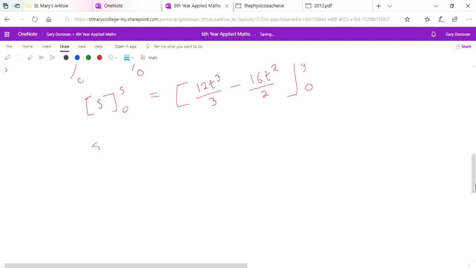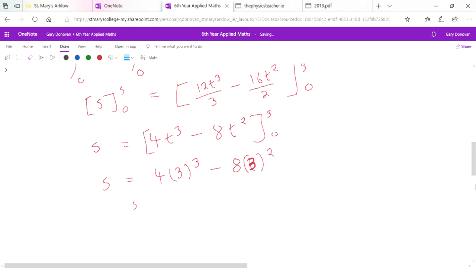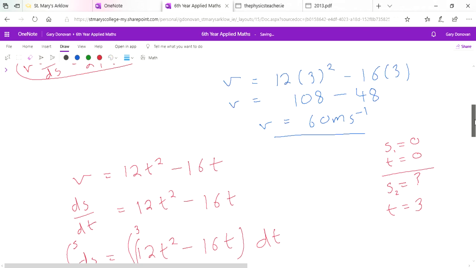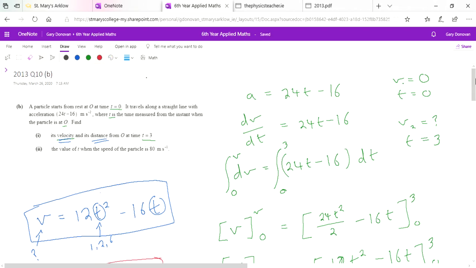That's going to be s equals 4t cubed minus 8t squared, limits 3 and 0, which basically just means we're putting in the 3, so 4 times 3 cubed minus 8 times 3 squared. s equals 36 meters. And that's the answer for part 1. That's part 1 finished now. Let's have a look at part 2.